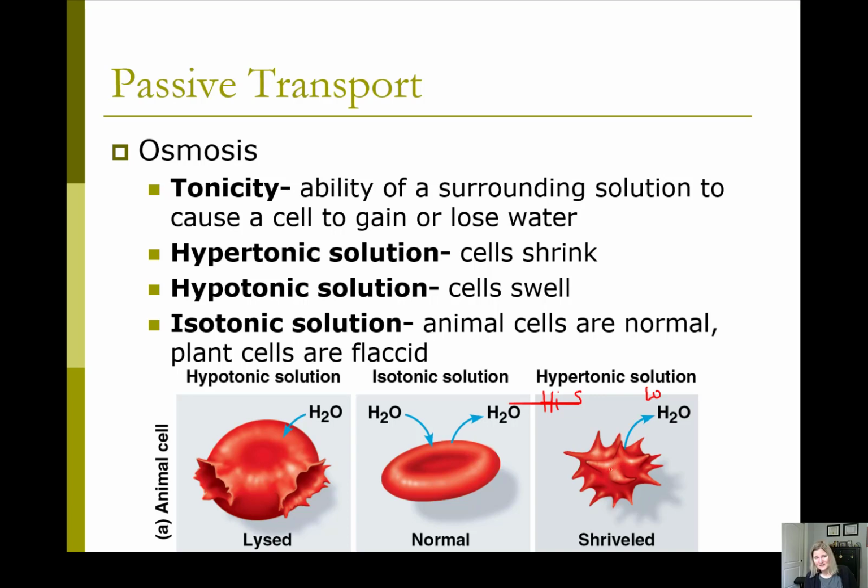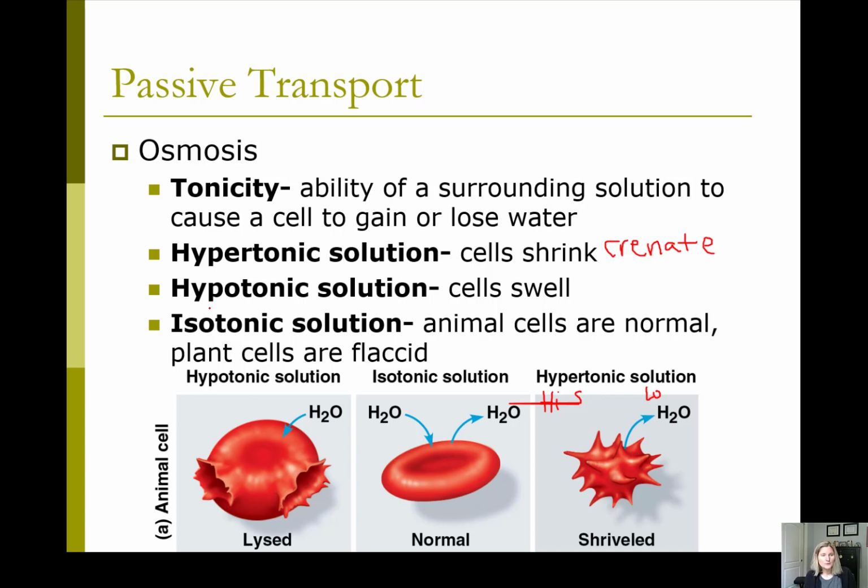It's going to go from high concentration to low concentration, so it's going to leave the cell, causing the cell to shrink. This is also known as crenation, or shriveled. Crenation is the technical term, which, hey, wait, you haven't seen that in lab yet.